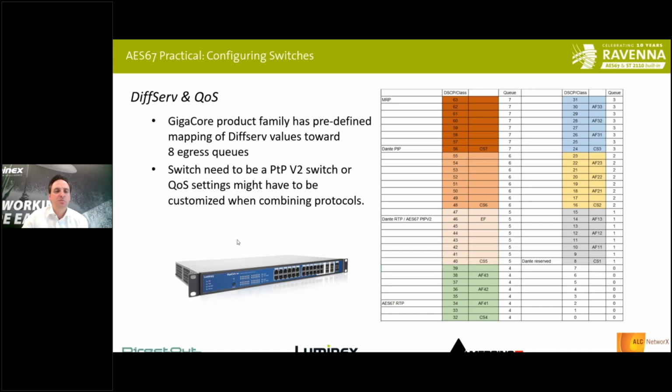Definitely, I would advise as well not to use jumbo frames to avoid this. But again, the correction on the P2P v2 timestamping should be able to correct the jitter on that queuing, the same as we would have where we have colliding Dante packets with a P2P v2 clock for AES67. But well, that's quickly to cover where Luminex is concerning these advanced settings we just went through in the previous presentation from Nicolas. All these are predefined and pre-configured, so there is nothing to set up for that.